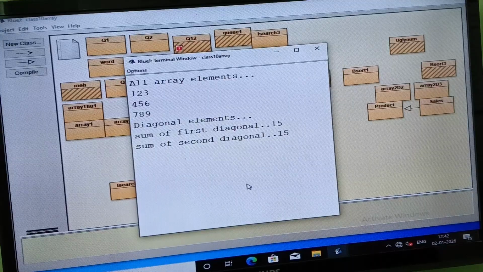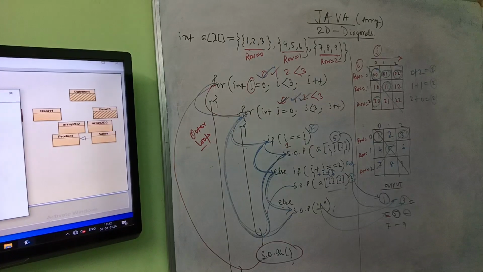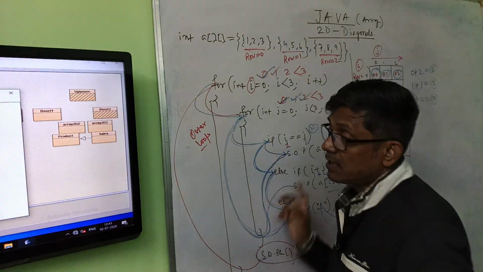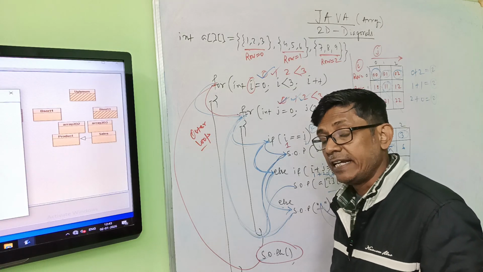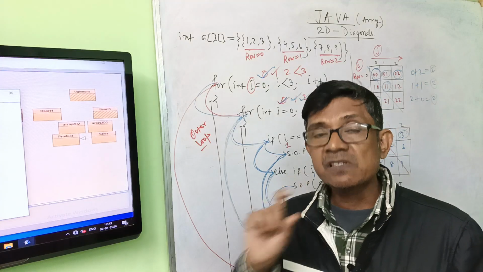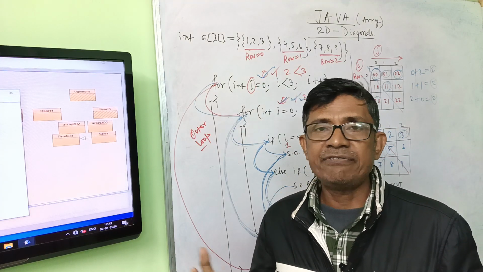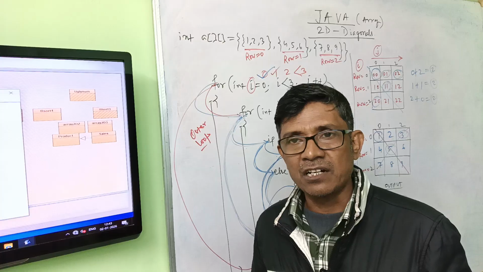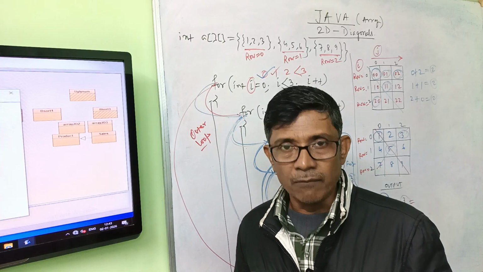So this is one of the most important topics, two-dimensional arrays and diagonal elements. Next day I will show you the sum of elements, and anything more on two-dimensional arrays as per your ICSE syllabus.